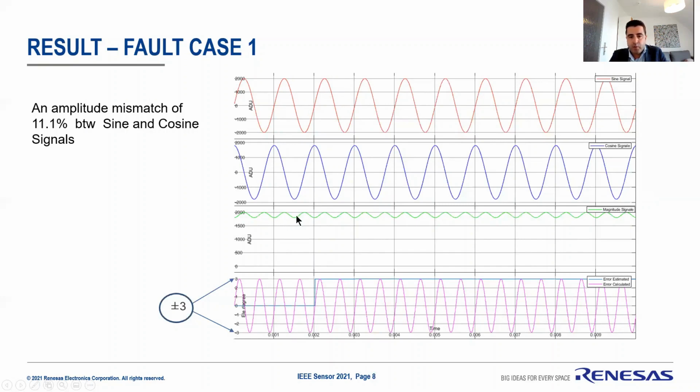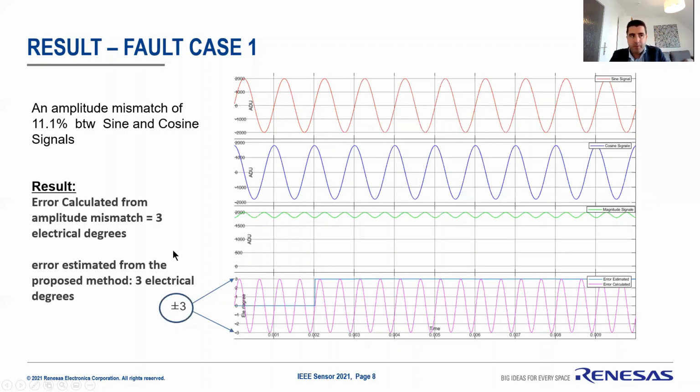As you see on the third one, in green, is the magnitude signal, and on the last one, there is the error calculated from the amplitude mismatch that is equal to plus or minus 3 electrical degrees, and in blue is the error estimated from the proposed method, which is also 3 electrical degrees. With that, we can conclude that the estimated and the calculated are identical. That means that our method works correctly.